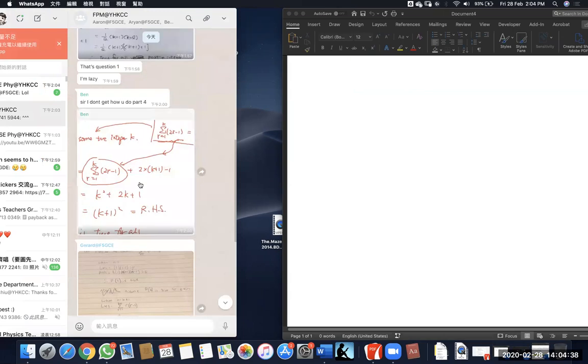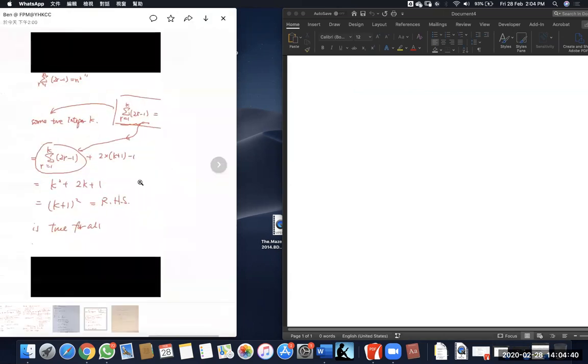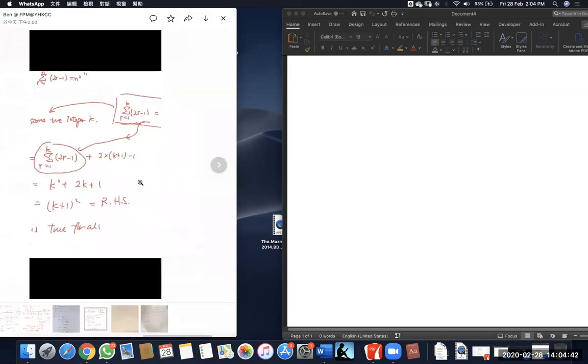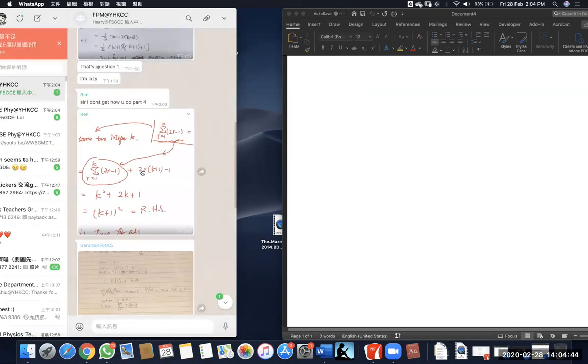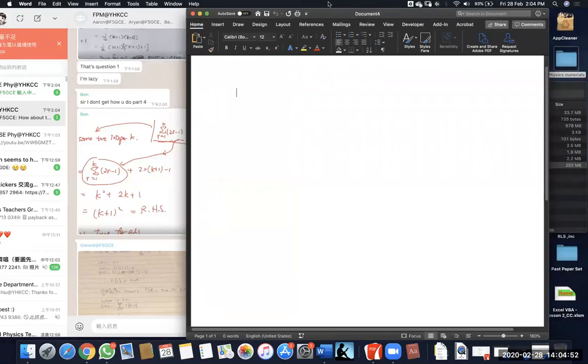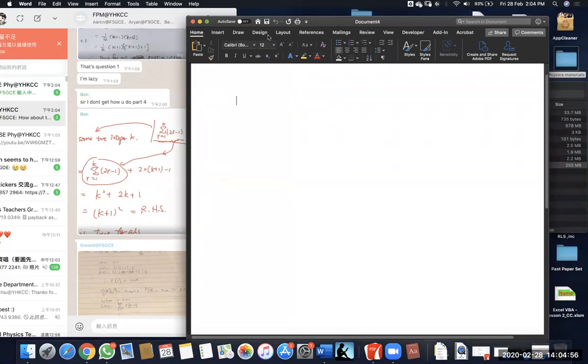How do you get 2k? Wouldn't it be like 1? K plus 1 term. But then we simplified the k plus 1 term into the k plus 1. So we should just do 1 instead of that, right? The rth term is 2r minus 1.